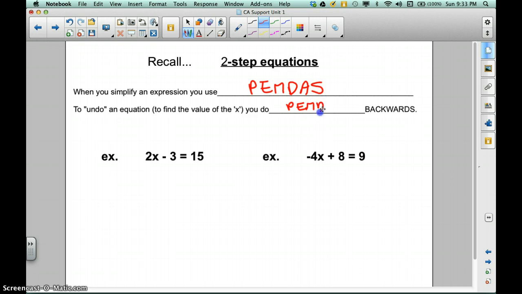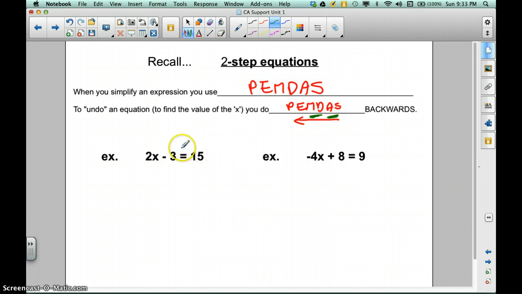It helps everyone to remember what order, because a lot of you look at this equation and you're not sure whether to divide by 2 or plus 3 first. And so this PEMDAS backwards can help you to know what to do first, because we will always do any addition and subtraction first, and we'll save the multiplication and division for the end.